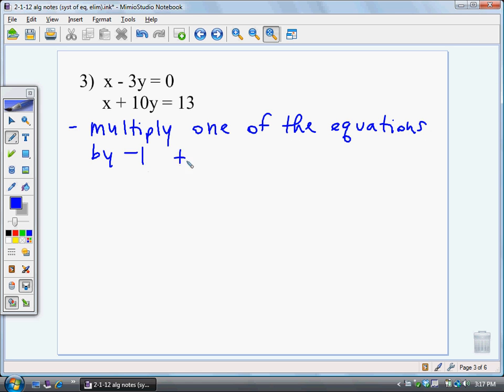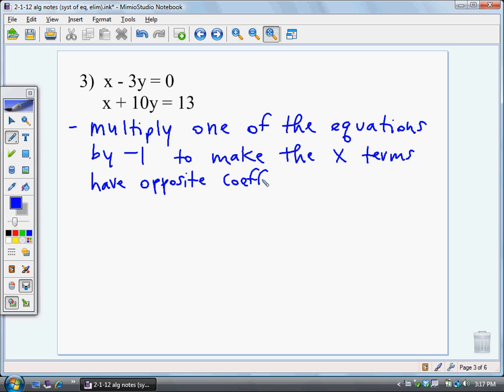That would make the x terms have opposite coefficients, and that would eliminate the x term.